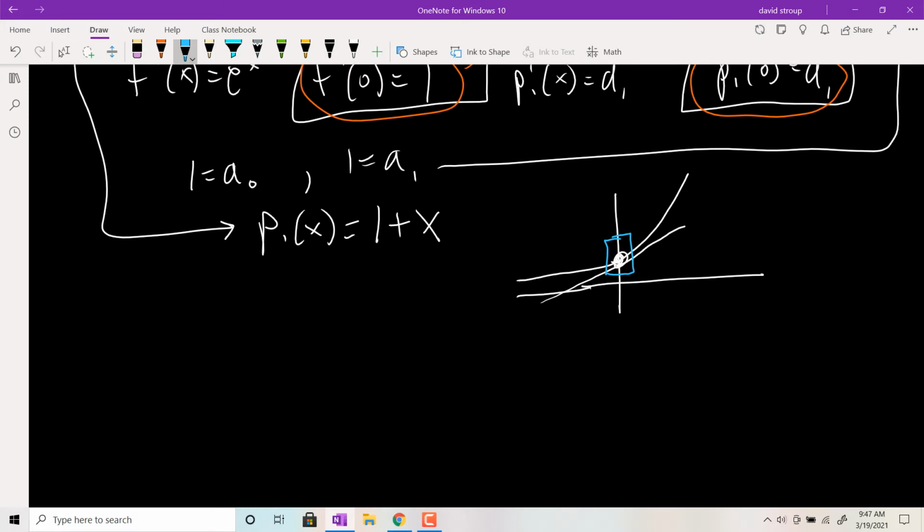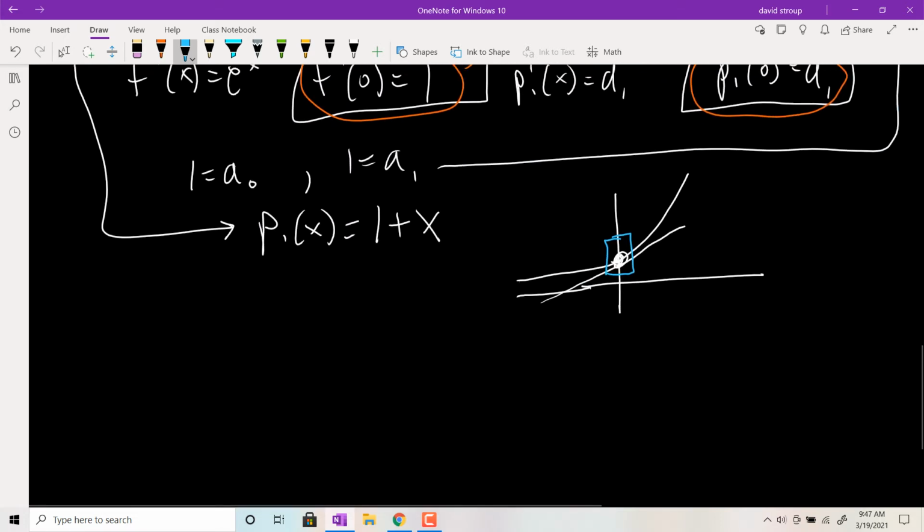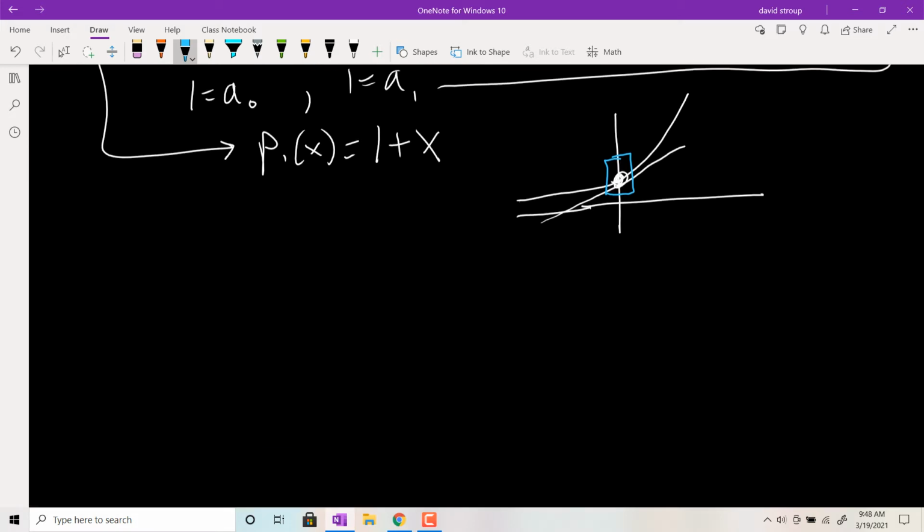It's just that as you move farther and farther away from the center, it gets worse and worse. So what we're hoping is that the more derivatives you align, the better the shape will become, and that gives you an intuition about how the convergence is going to work. If you have a sequence of these polynomials, you'll get there hopefully.